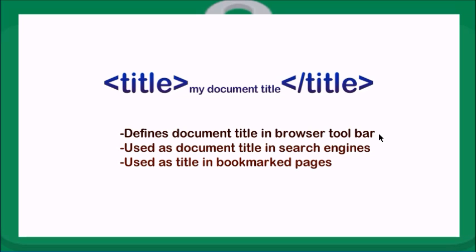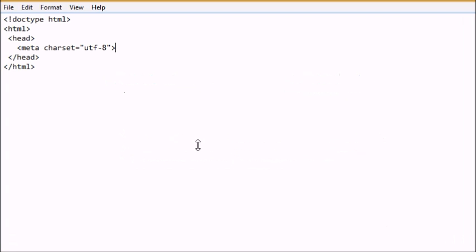So let's go ahead and add a title to our web document. It's a head element, so it goes within the head element. Let's save this and preview it on our browser.